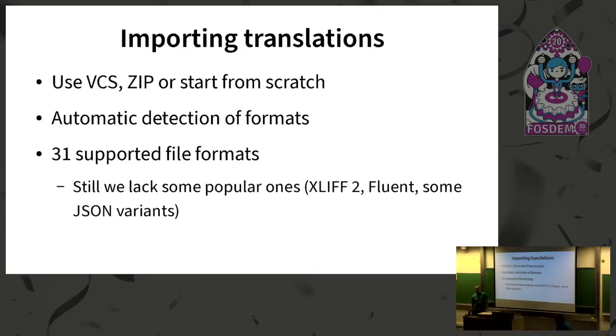When you want to start using Weblate, you have to get the initial translation, assuming you already have something. The easiest approach is to start from the version control repository, so that you just point Weblate at it and it will look into the source tree and try to find localizable files like gettext PO files, Android string resources, or whatever you are using.